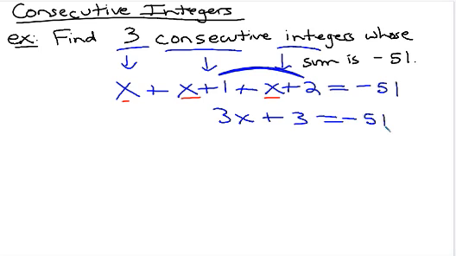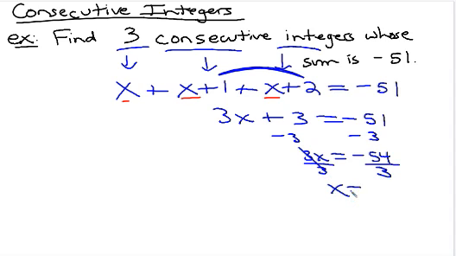And then I just solve it. Subtract 3, subtract 3. 3x equals -54. Divide both sides by 3. And the first consecutive integer is -18. They told us to find 3.